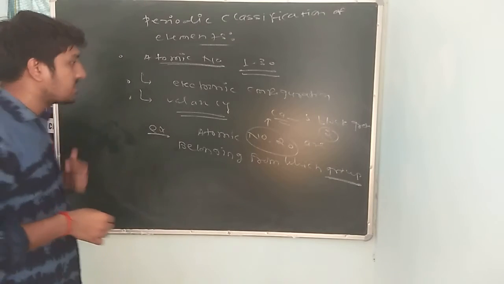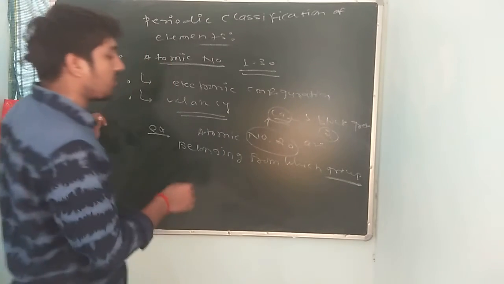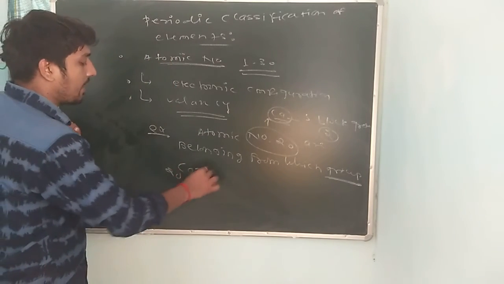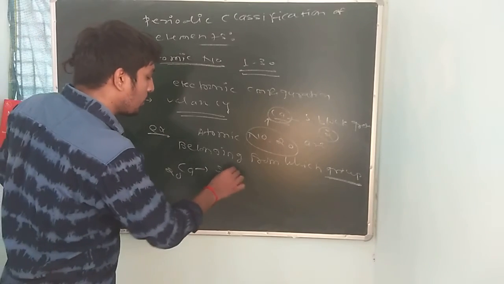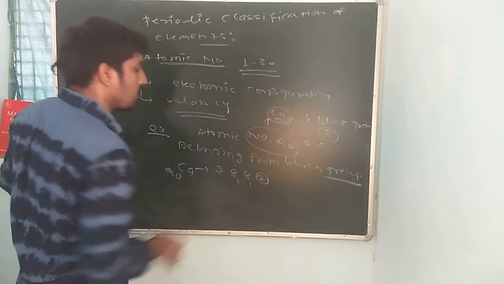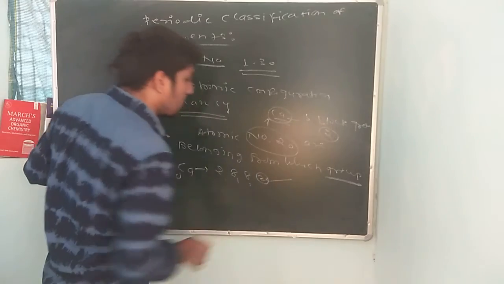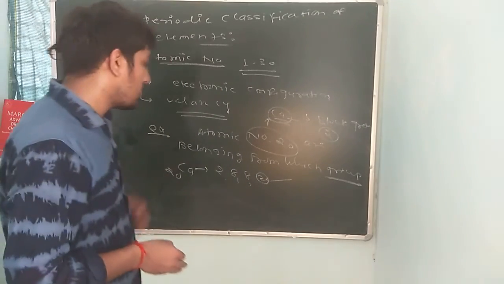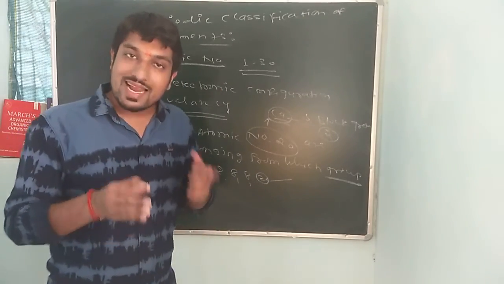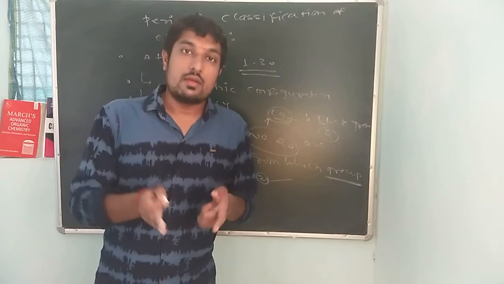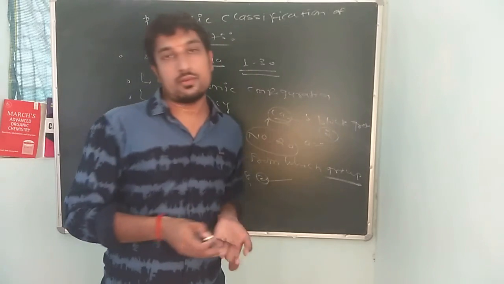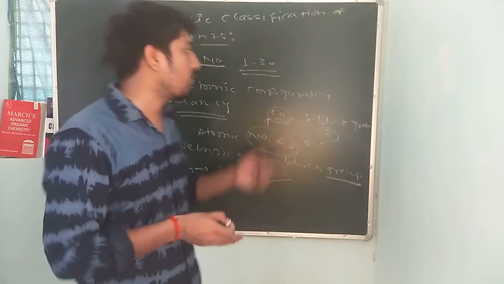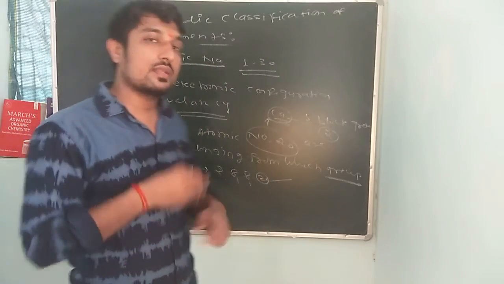How can you find group number 2? The atomic number of calcium is 20 and its electronic configuration is 2, 8, 8, 2. It means it has 2 electrons in the outer shell, and that's why atomic number 20 belongs to the second group. So first you study the atomic number, after that we study the next topic.